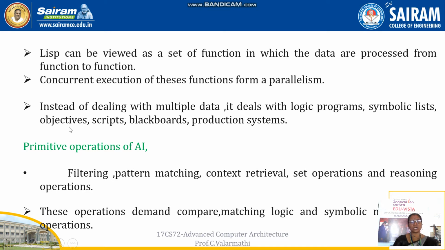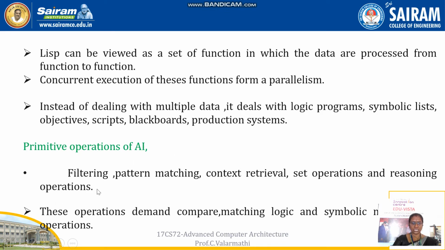So how do symbolic processors do this? They handle logical programs by inheriting the primitive operations of AI. What are those primitive operations of AI? They are filtering, pattern matching, context retrieval, set operations, and reasoning operations.